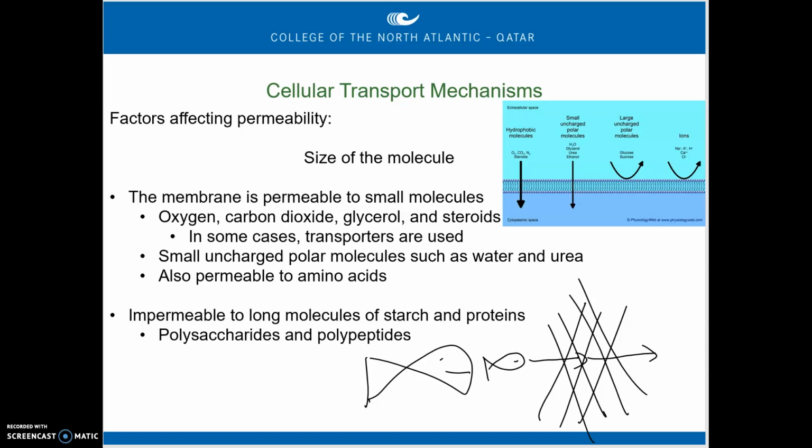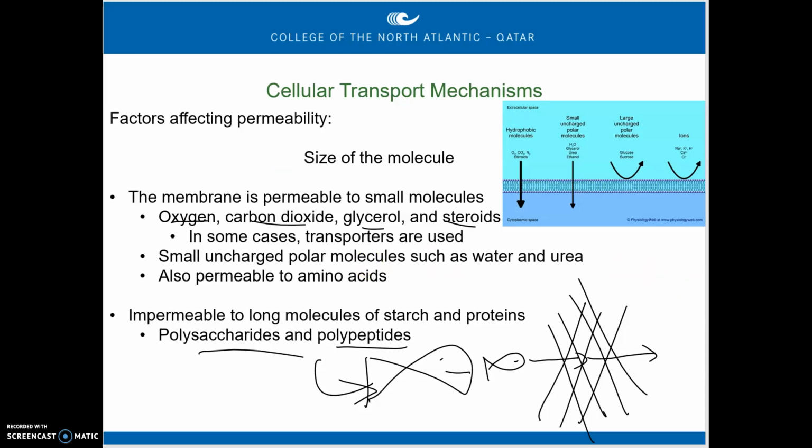That's just like a big molecule. The little fish going through the net are your oxygen, carbon dioxide, glycerol, and steroids, little molecules that easily pass through that net. Once we start talking about the bigger fish, we're talking about the polysaccharides and the polypeptides. They're going to be too big, so they won't fit. That will affect the way that the cell moves them across the membrane.